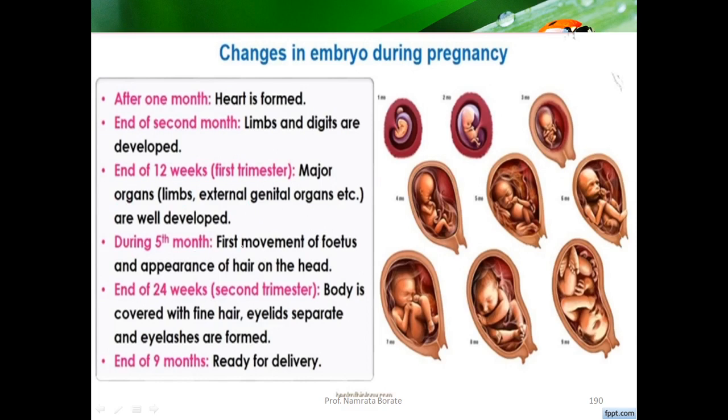During the fifth month, the first movement of the fetus and appearance of hair on the head occur. At the end of 24 weeks, the second trimester ends. The body is covered with fine hair, eyelids are separated, eyelashes are formed, and at the end of the 9 months, it's ready for delivery.